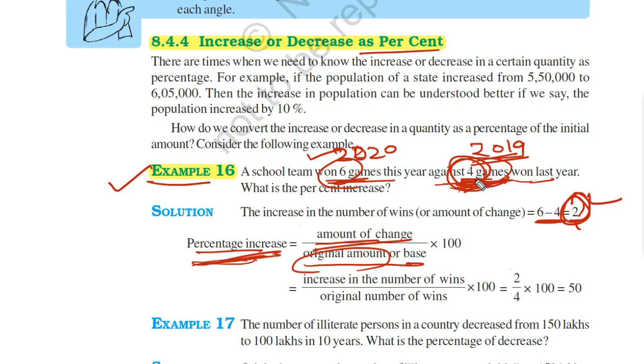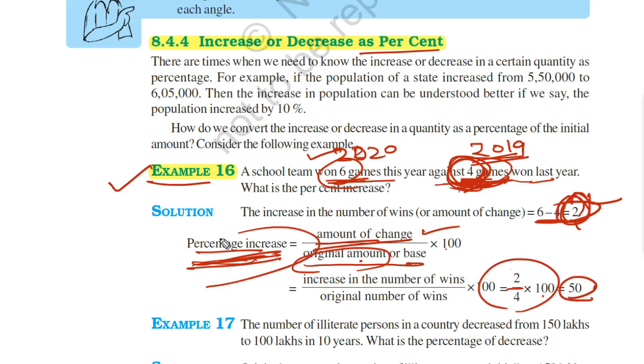From the last year's matches. So percentage increase is equal to amount of change divided by original amount into 100. So it will be 2 divided by 4 into 100, which is equal to 50. So percentage of increase is equal to 50%.